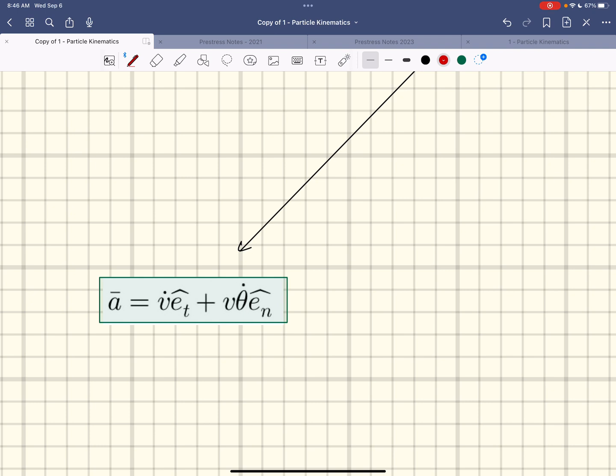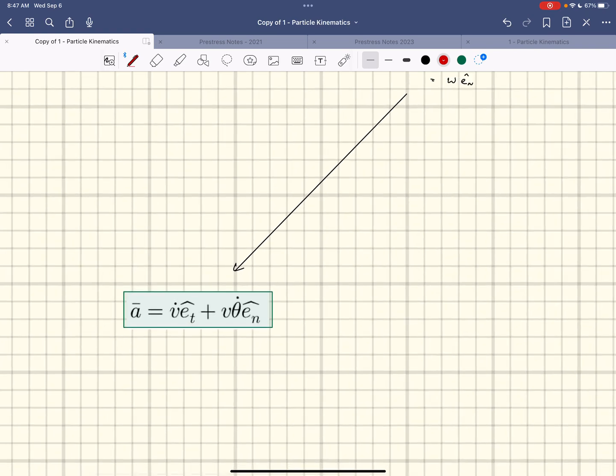A central component and a tangential component? Right. And what is the central one called? Centripetal. So there's a centripetal acceleration. It's not the form you used to see, but that's what the e_n direction is. And the other one is the change in speed along the path.